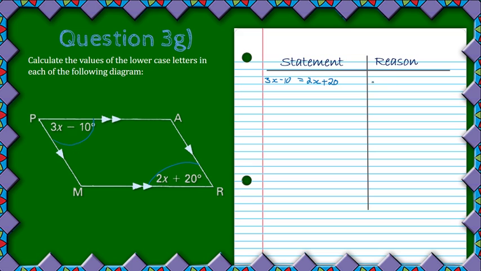My reason is opposite sides of a parallelogram, and then solve for x. So all my terms containing x come to the left hand side, changing the sign when I bring the terms over. So 20 plus 10. So this is then x equal to 30. That was very easy.